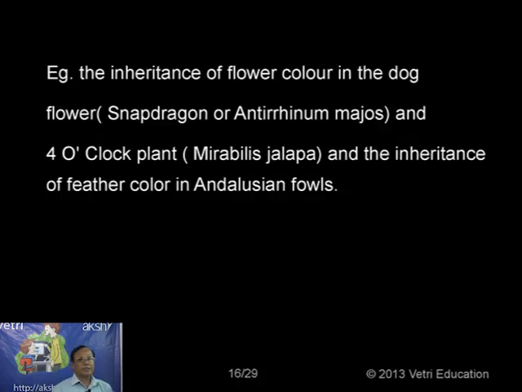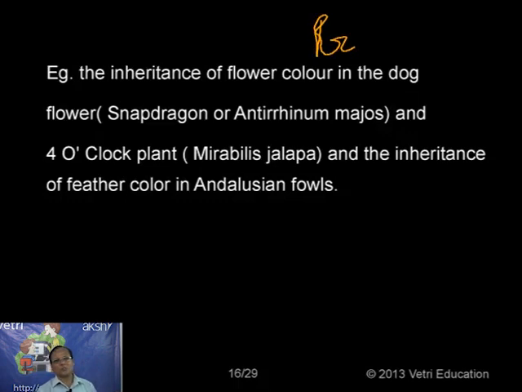When a pure line red variety is crossed with a pure line white variety, what was observed by Correns? That inheritance was observed by Correns: in these two plants, the F1 he received was a pink variety, an intermediate character between these two, with a genotype of capital R, small r, a heterozygous individual.